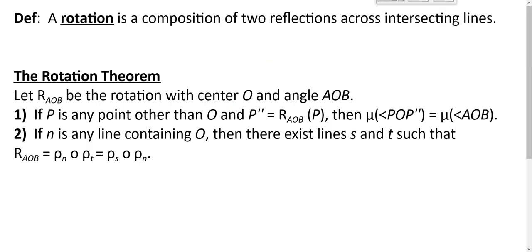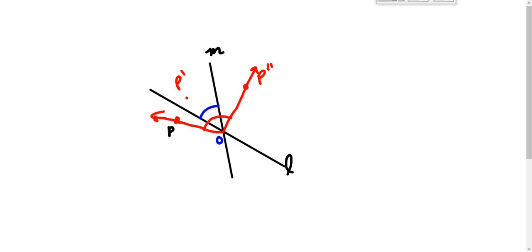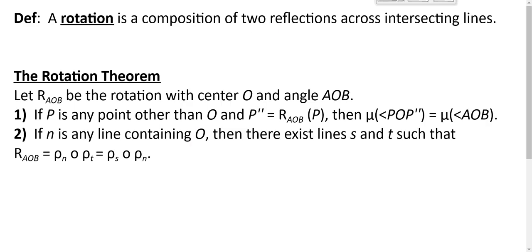But we also note, and we use this later, you give me any other line containing O, this line, then there exist lines S and T so that if you reflect in this order or in this order, you can do the same thing with different lines.